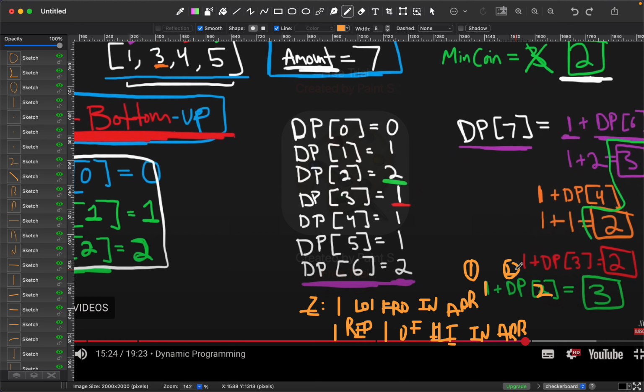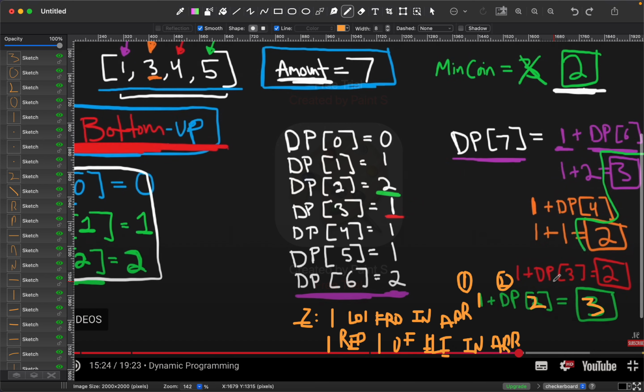So in fact, 1 plus 2, you get 3. And similarly, this 1 coin of 4. 4 plus what becomes 7? 3. So you 3, and then here represents 1 coin.